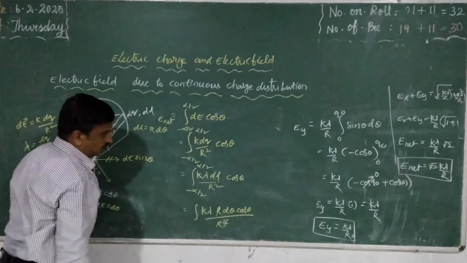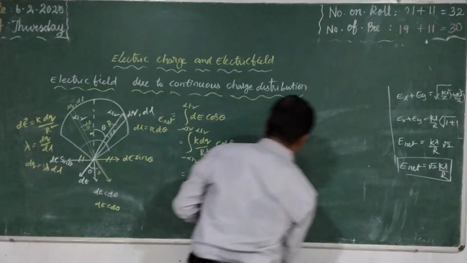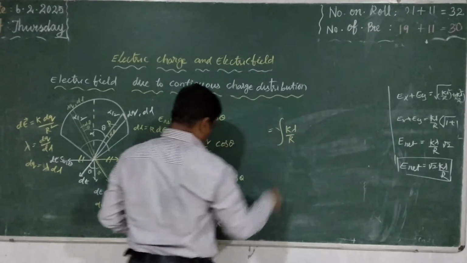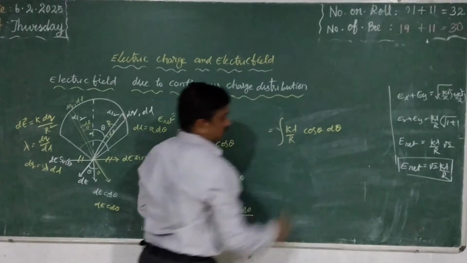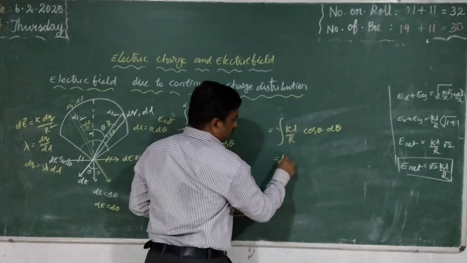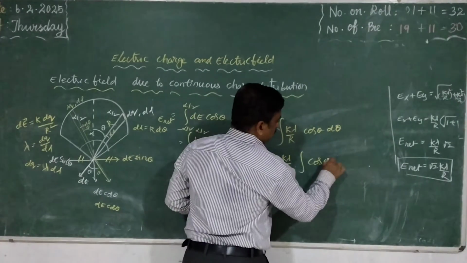One r cancels. What we get is k lambda by r, so the integral of k lambda by r cos theta d theta. Here k lambda by r is constant, so we integrate cos theta d theta.